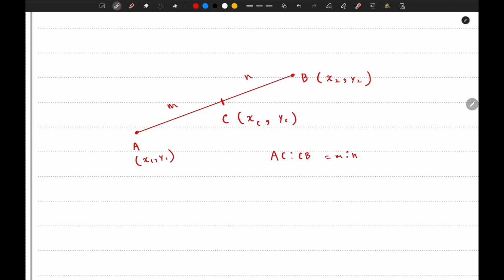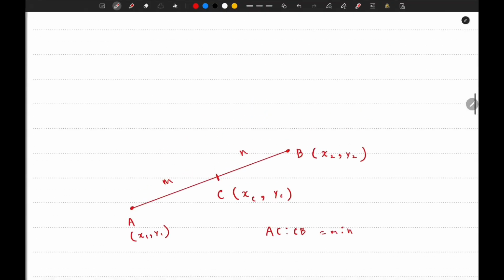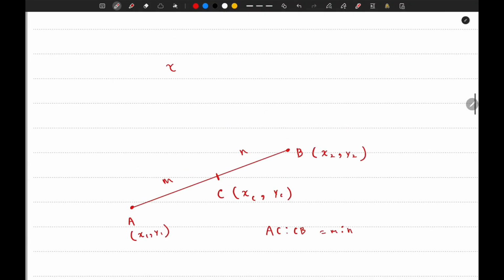Now if I want to find out the coordinates of point C, let's first find out the x coordinate of point C. If we remember the formula correctly, it goes something like this: nx1 plus mx2 divided by n plus m.